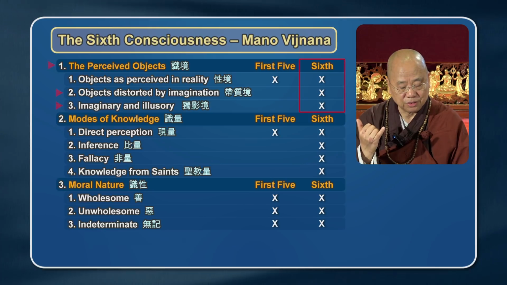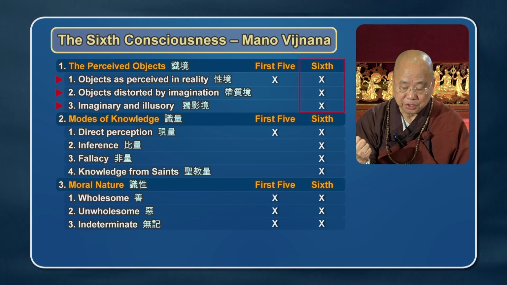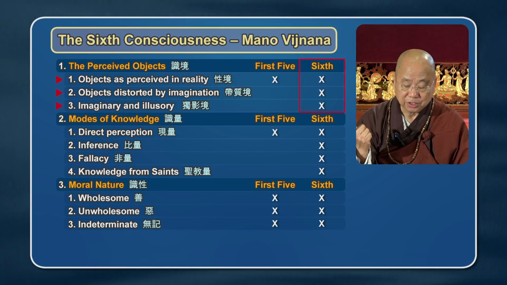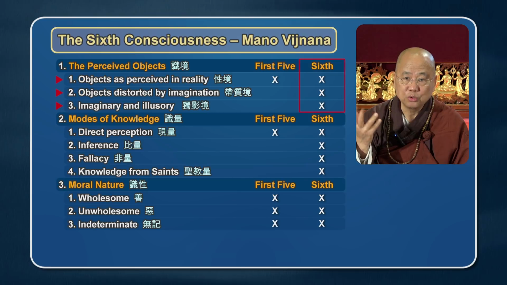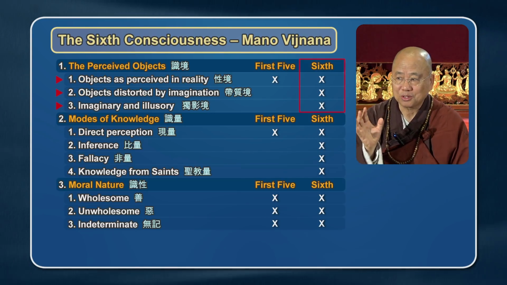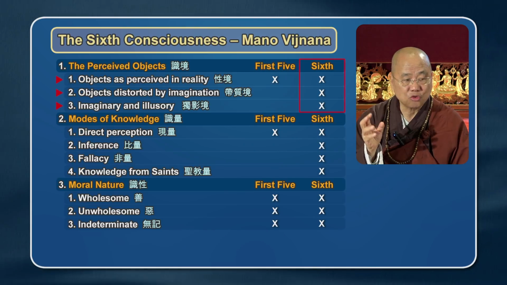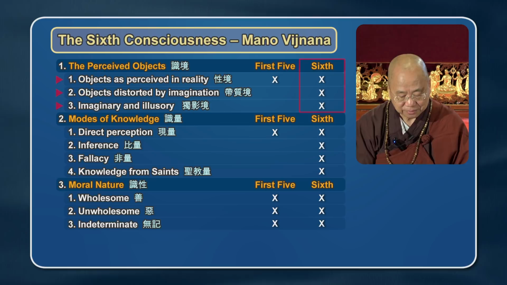So the 6th consciousness perceives objects in 3 ways: objects as perceived in reality, objects distorted by imagination, and imaginary and illusory externalities. So the 6th consciousness, the mano consciousness, is extremely effective in observing the 3 externalities.